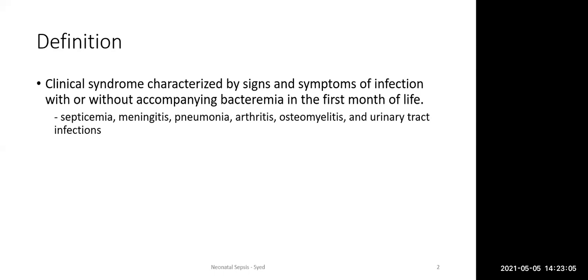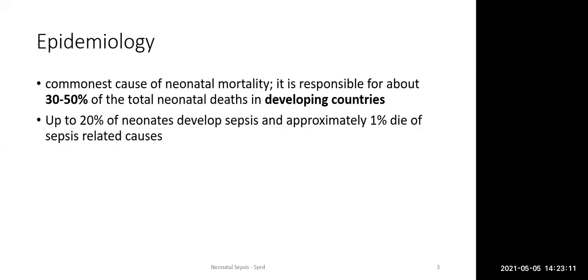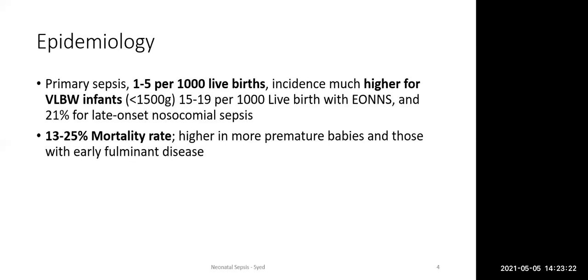The source can be many lah. It can be septicemia, meningitis, pneumonia, arthritis, osteomyelitis, and so on. This is the most common cause of neonatal mortality, which is about 30 to 50%. About 1% of them will die lah. For primary sepsis, the incidence is about 1 to 5 per 1,000 live births.